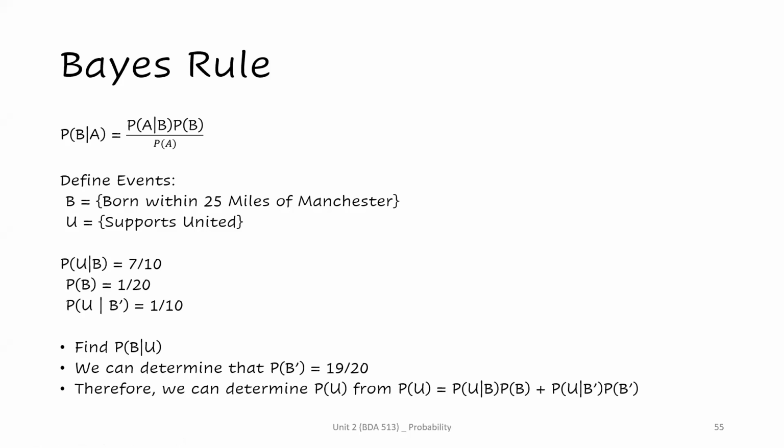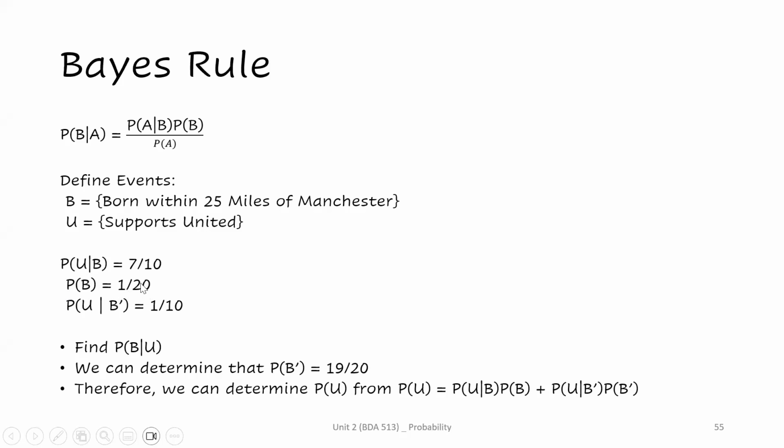Okay. So if somebody is born within 25 miles of Manchester, the probability is 1/20. What is the probability that somebody was not born within 25 miles of Manchester? What do you think that would be? If somebody was born within 25 miles, it's 1/20.